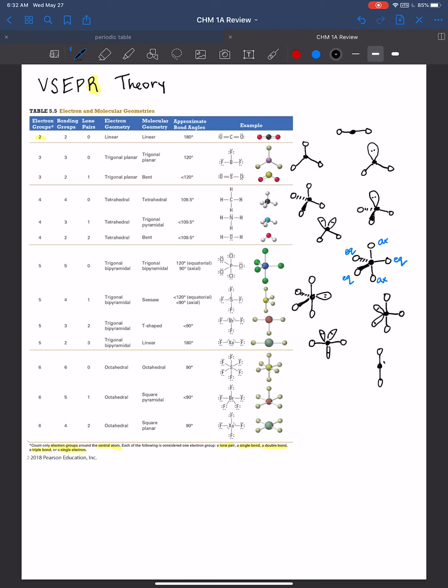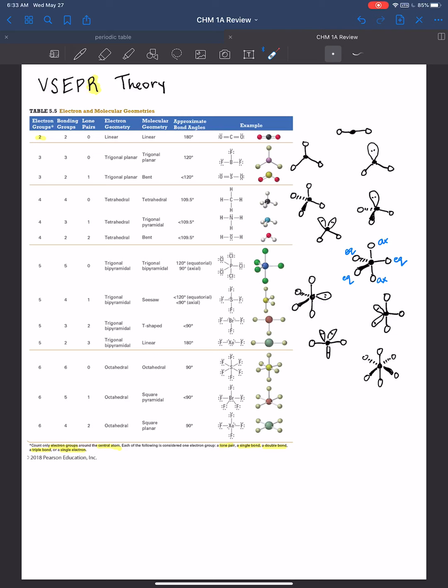What I was going to say is that each of these groups is 90 degrees from one another. So when we start putting in the lone pairs, it doesn't really matter where you put the lone pairs in this series here, because they're all the same bond angle. It's different with the trigonal bi-pyramidal. We said that you can only put them in the equatorial position, but for octahedral, it doesn't matter.